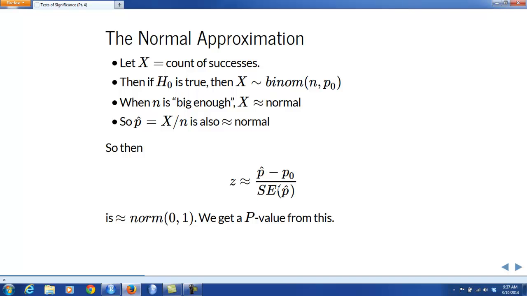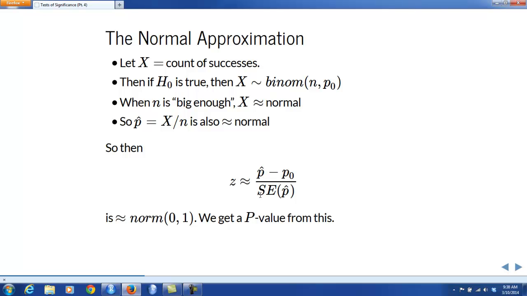And so this formula looks like random variable minus its expected value divided by its standard deviation, or at least it's close to that. Now, if you take a normal random variable and subtract away its expected value and divide by its standard deviation, then it becomes a standard normal random variable with mean 0 and standard deviation 1.